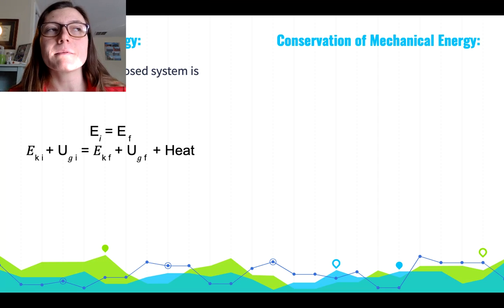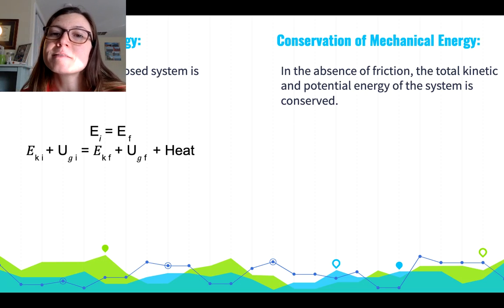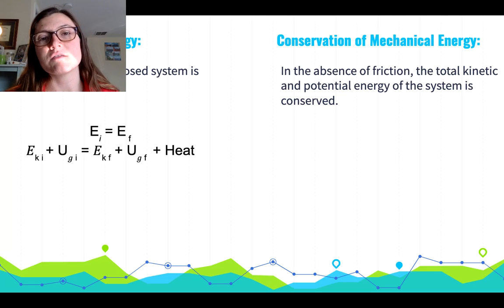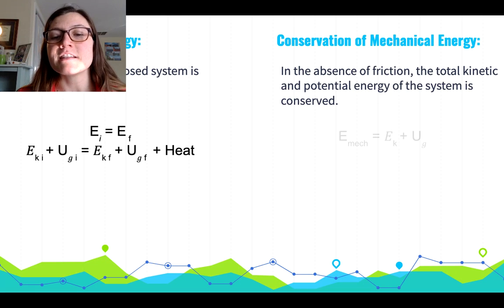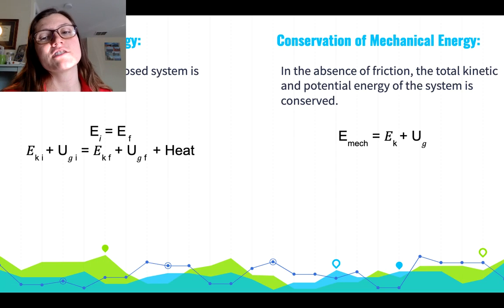So let's talk a little bit about what mechanical energy is again. The conservation of mechanical energy states that in the absence of friction, the total kinetic and potential energy of a system is conserved. So that means that the kinetic plus the gravitational potential must be constant, and we call that sum mechanical energy.